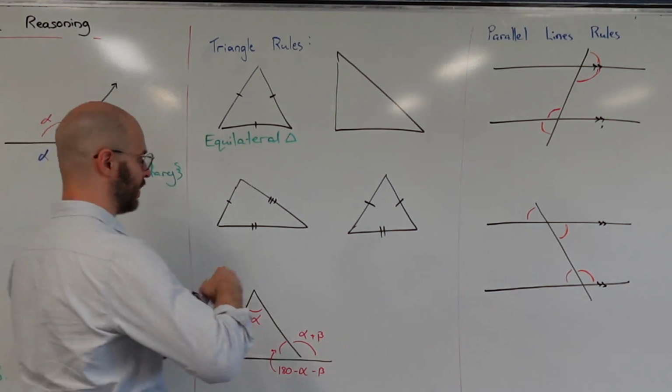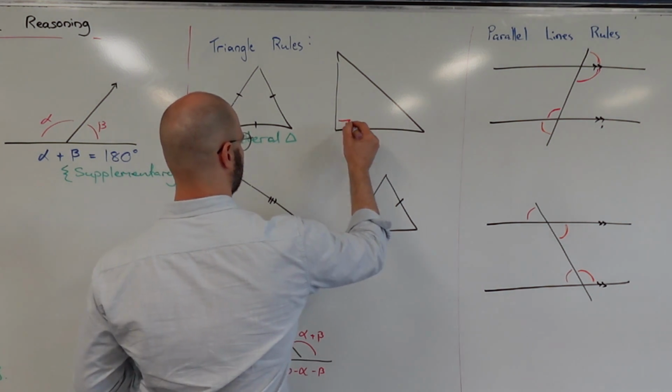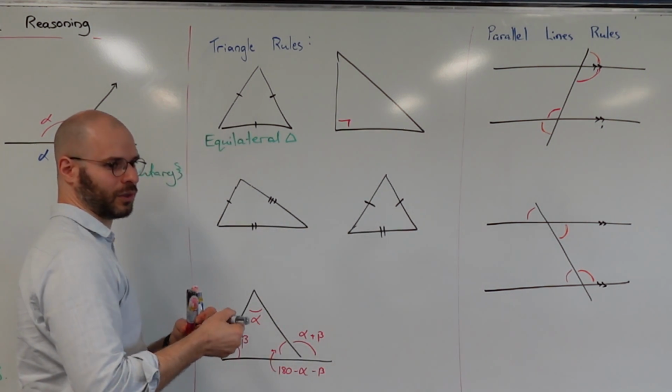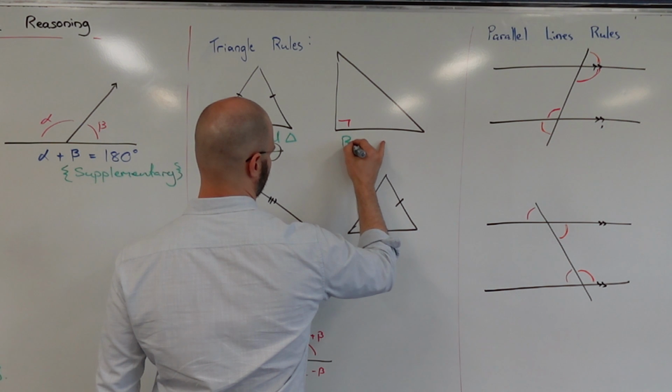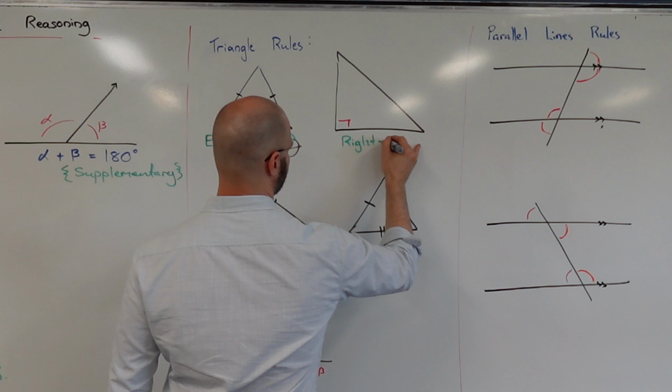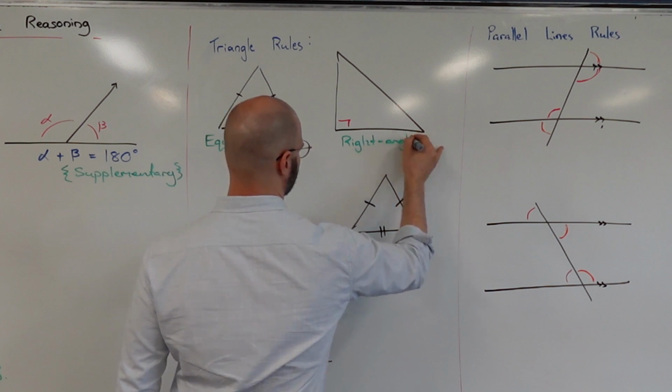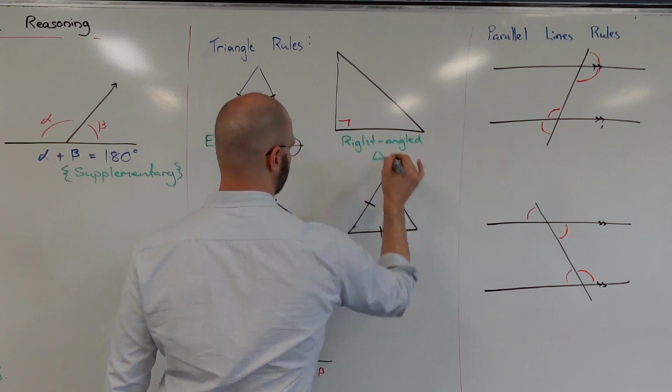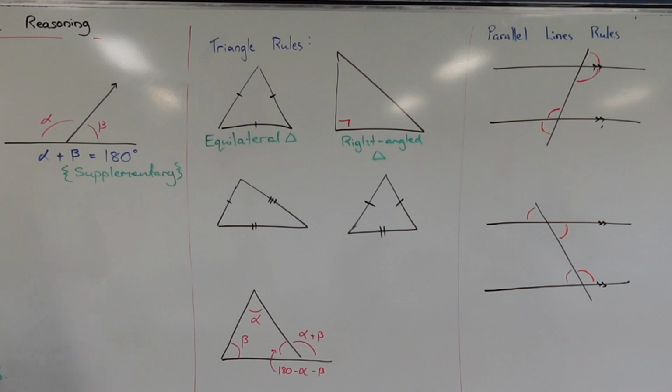This guy over here, I didn't draw all the symbols on it, but there's a right angle. What would we call that? A right angled triangle. You can also get acute and obtuse right angled triangles, but who cares at this stage? It's just a right angled triangle.